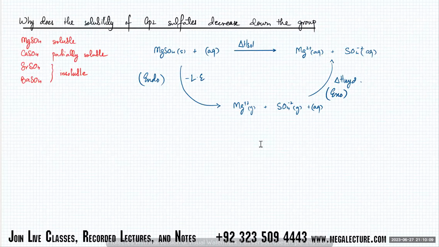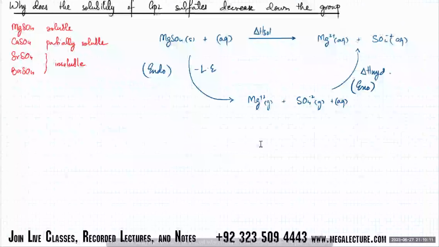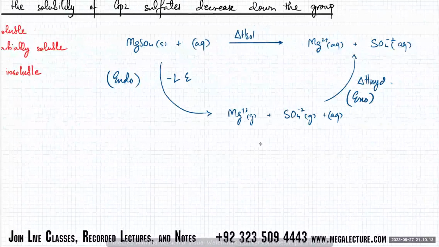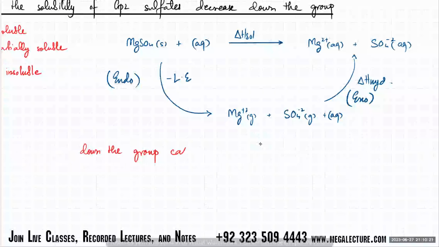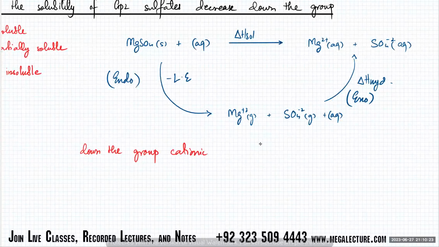So the statement is going to start with, I mean, the question is going to be exactly the same. So what's going to happen down the group? Cationic radius increases. So what happens because of that?